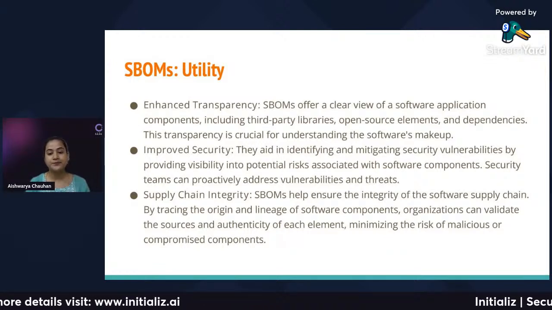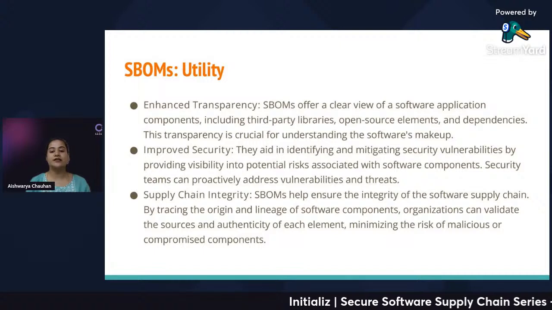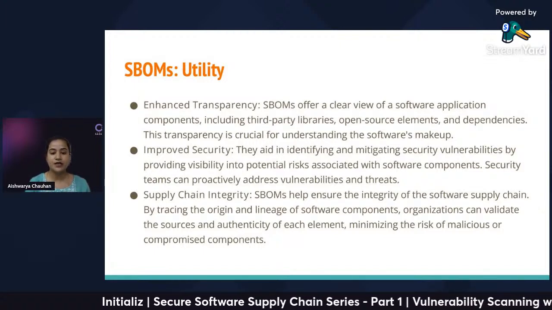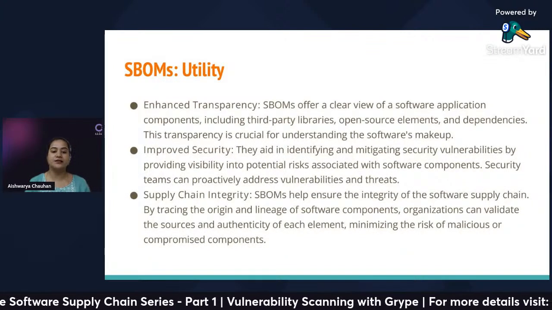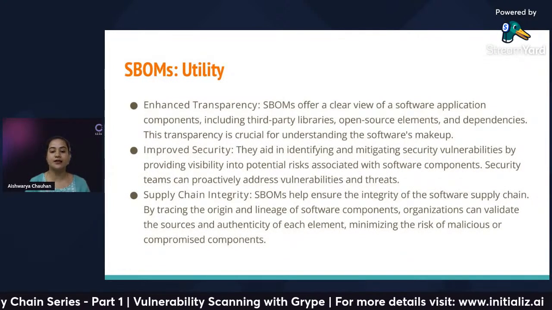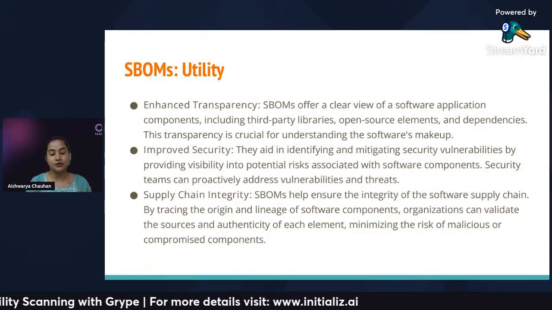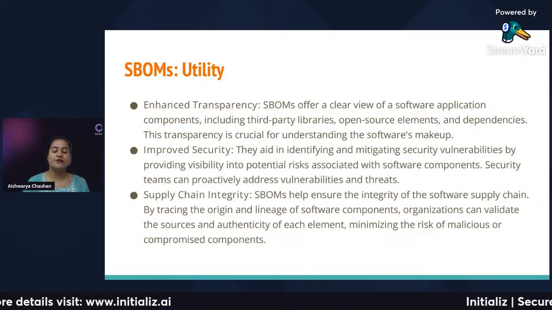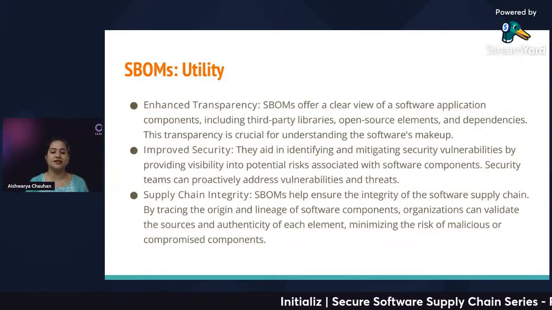From time to time, when you do vulnerability management, you see that there are vulnerabilities dependent on the versions. From time to time, open source tools update and patch their security issues, so it is very necessary that we also pull the latest versions. By this, we ensure improved security and supply chain integrity.